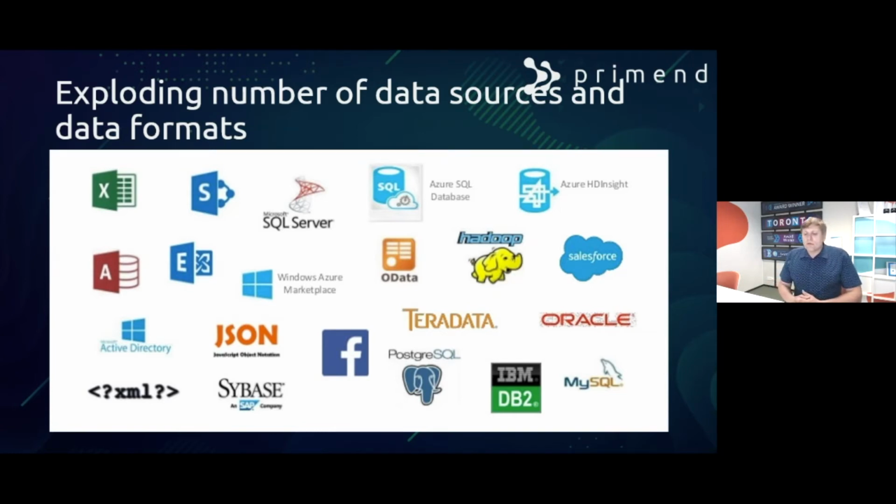But now if we're looking at doing some scans of how many cloud services people are using in any company, then usually it's somewhere about 100 different services. And our company, Primont, we are paying for about 31 of those services.